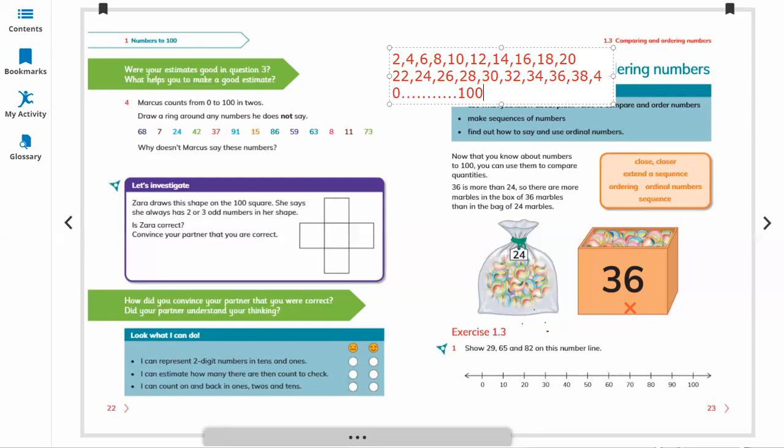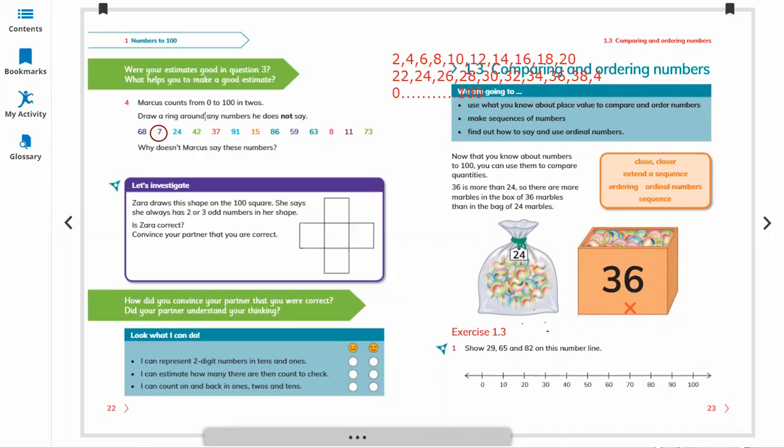So we are going to circle the odd numbers. The even numbers we are not going to circle. So 68, 8 comes in the table of 2, so we are not going to circle it. 2 threes are 6, and 2 fours are 8. So 7 does not come in counting in twos.